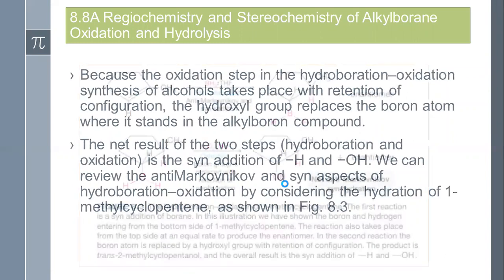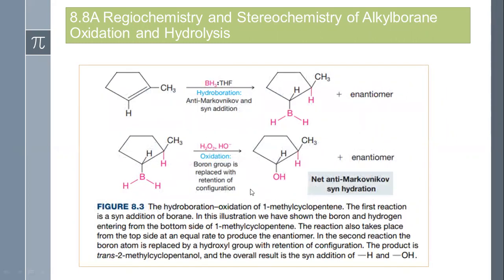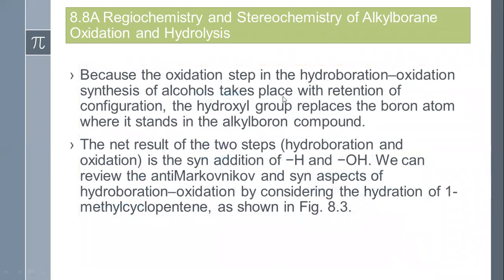What we are seeing in the oxidation process involves the retention of configuration once you get your alkyl borane. So the synthesis of alcohols takes place with retention of configuration from the hydroboration oxidation process, and the hydroxyl group replaces the boron atom where it stands in the alkyl borane.